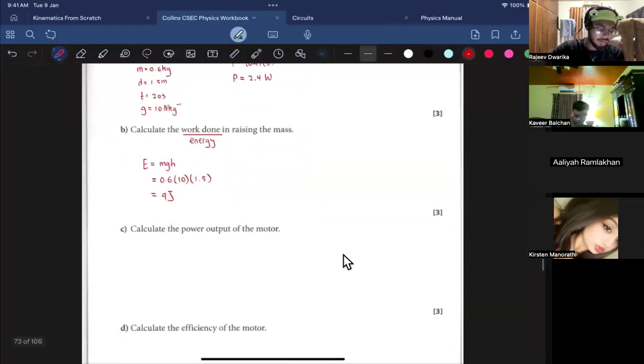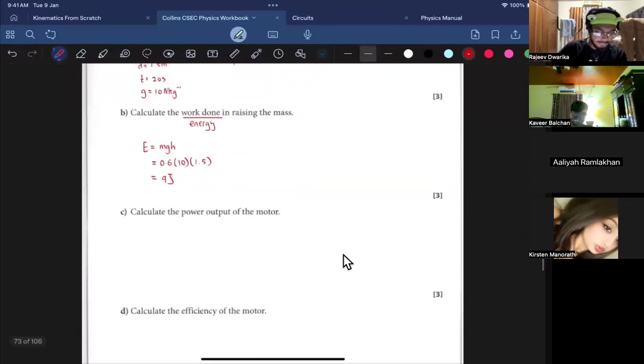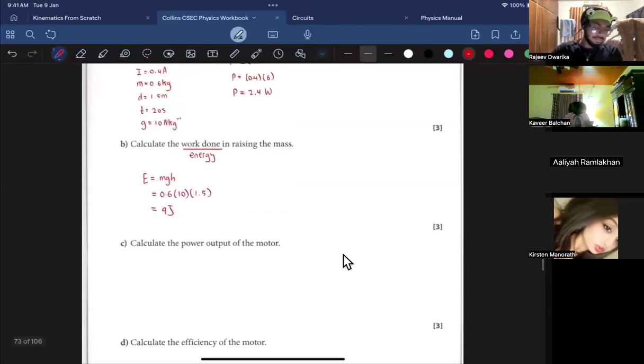So the power output of the motor, that would be P is equal to... Now you have to be careful here, right?